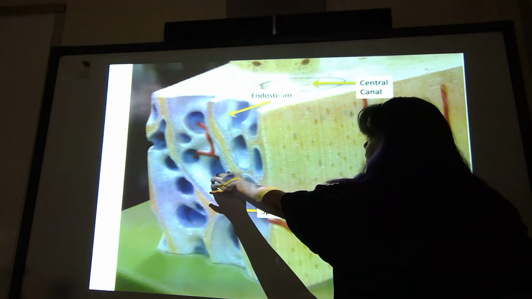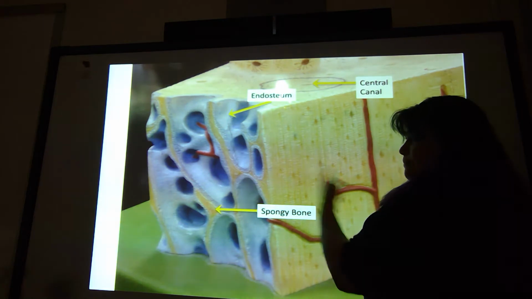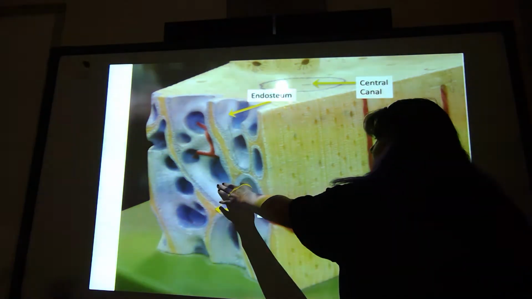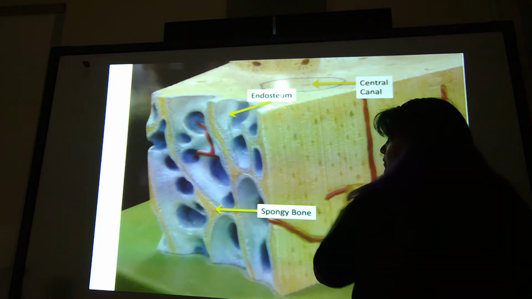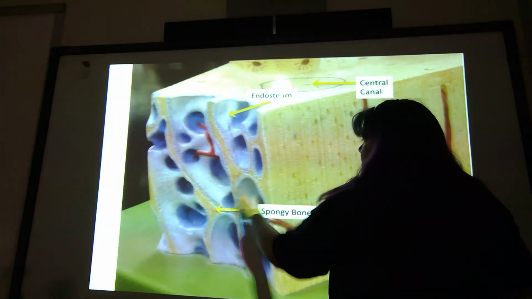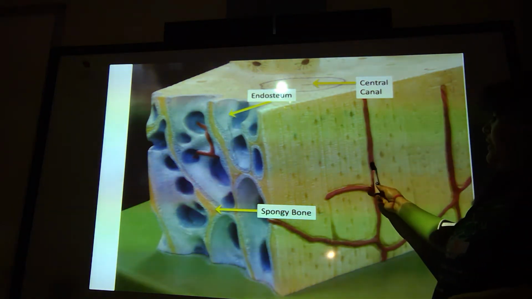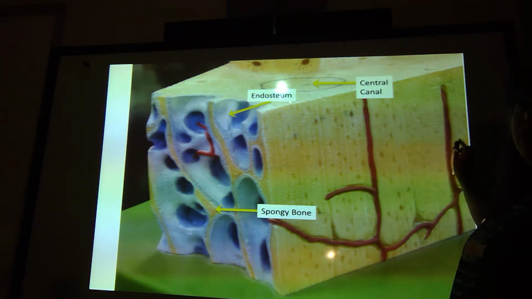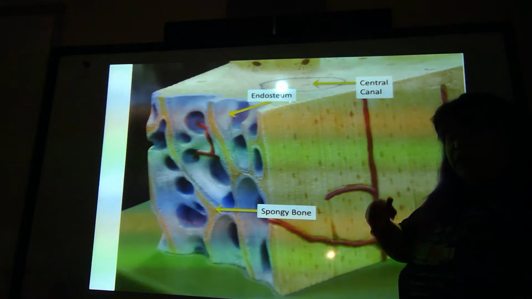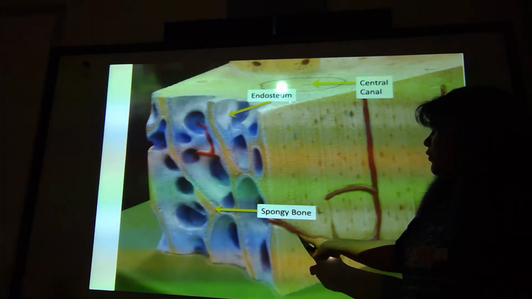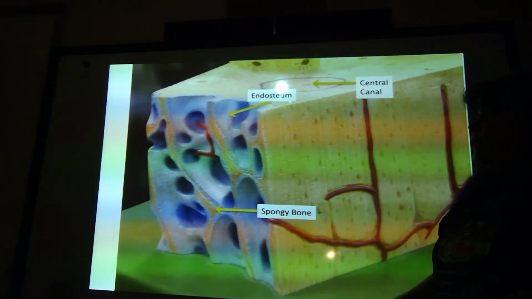And that light blue is still the covering, except in this case, since it's along the inside, this would be the endosteum, okay? The bone is going to be that beigey color, and here's a central canal, here's a central canal, here's a central canal. Don't forget that with central canals, we're talking about up and down, not side to side. These are the perforating canals.